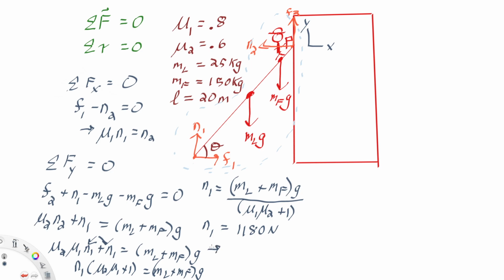Of course, that lets us get a value for our N2 as well, since N2 is just N1 times mu1. So times 0.8, and that gets us that N2 is about 945 newtons.